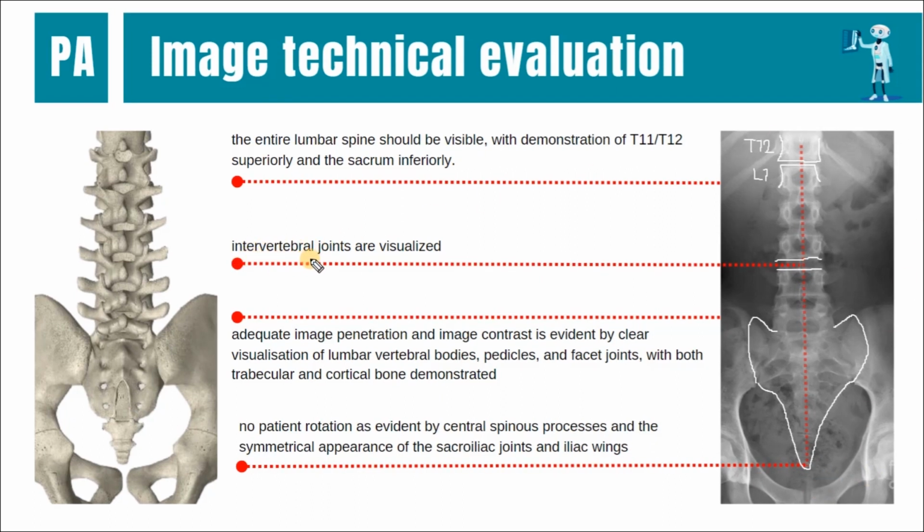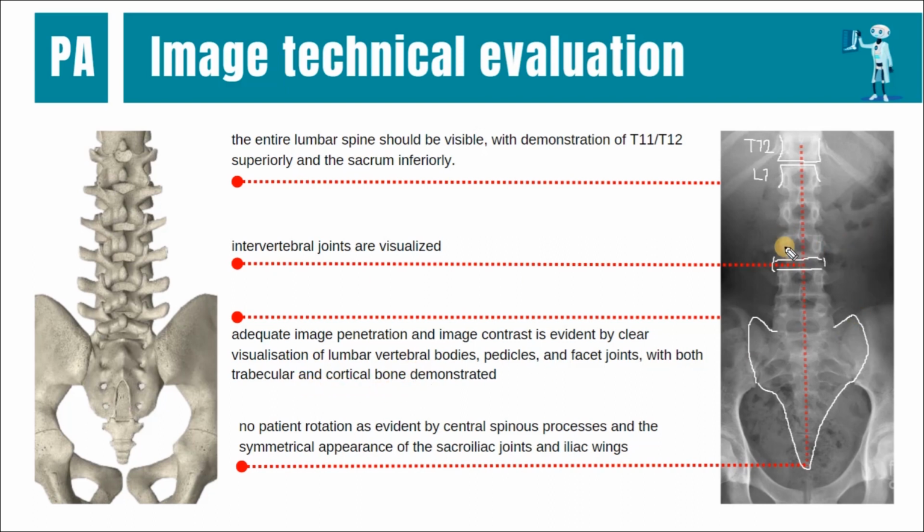The intervertebral joints are visualized. These are the intervertebral spaces, which can be clearly seen. Adequate image penetration and image contrast is evident by clear visualization of the lumbar vertebral bodies, pedicles, and facet joints, with both trabecular and cortical bone demonstrated.